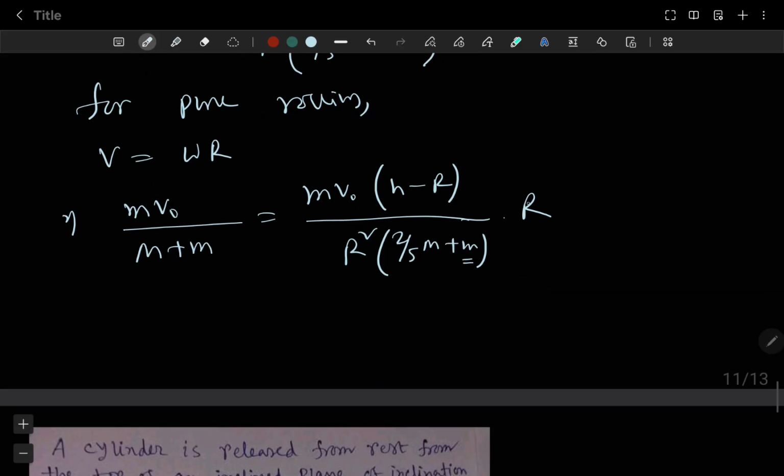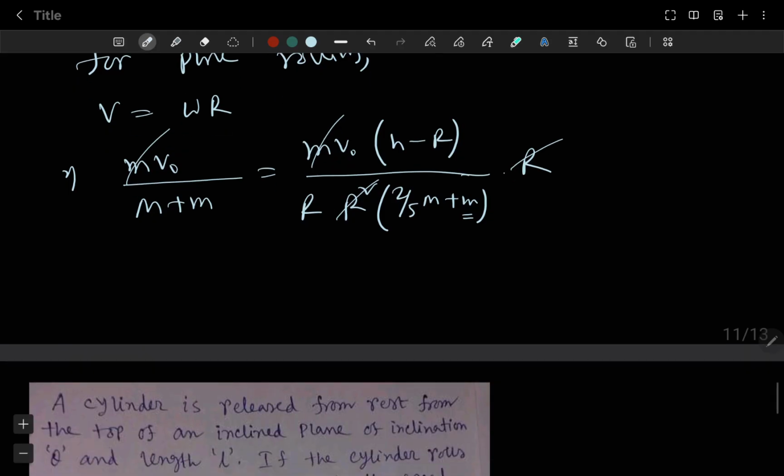So from here first let us cancel this thing. Let us simplify this as r. So we will get v0 also. So we will get 2 by 5 M capital R. I have neglected this small m.